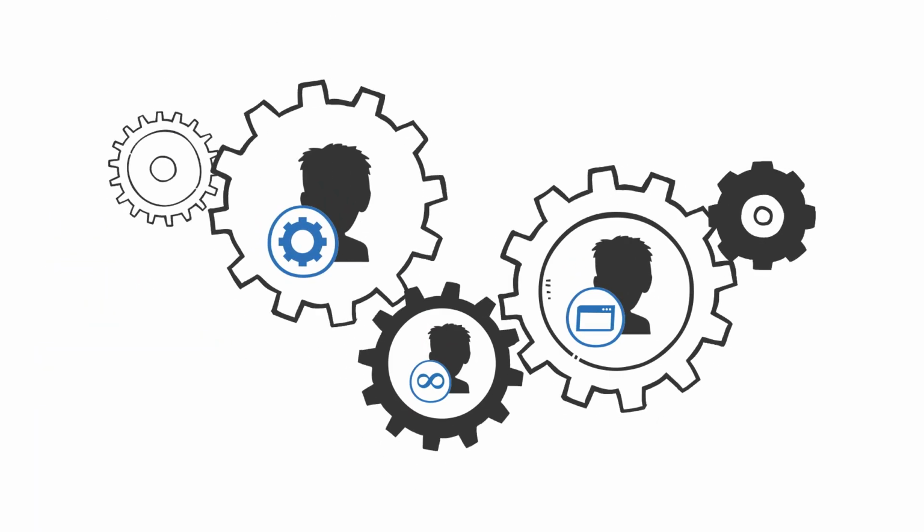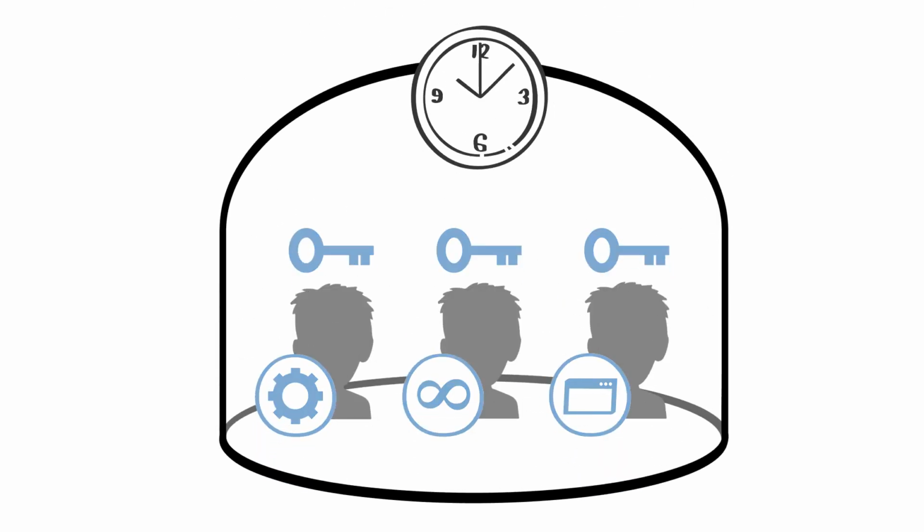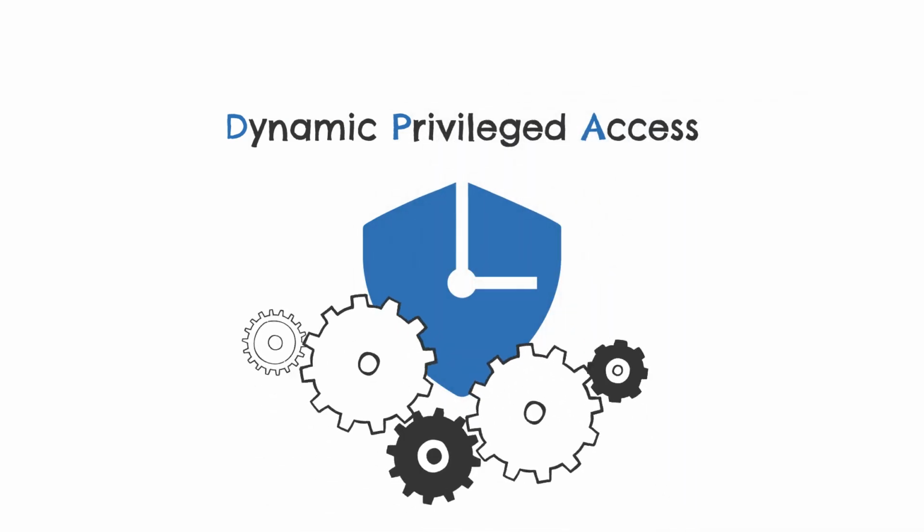Instead of managing operational accounts, DPA allows you to remove standing privileged access while still providing users with isolated access to the relevant asset with the required permissions and for the required length of time. Let's take a closer look at the solution and see how it works.